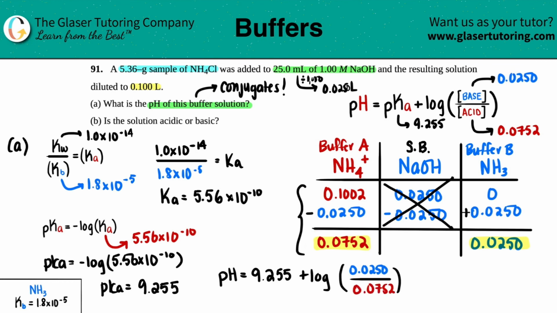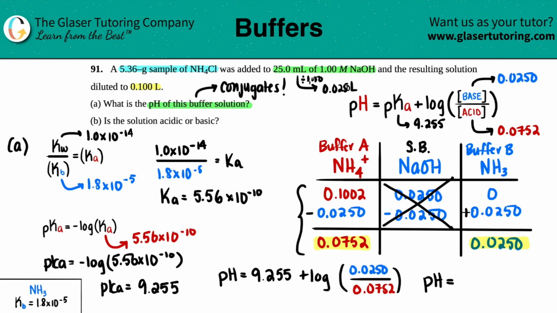There you go. Now you could plug this number in at once into the calculator. You could also just find the log and then add it to 9.255. I'm just going to do it in the calculator and get the answer. And that would be for letter A. So in this case, log of 0.025 divided by 0.0752.